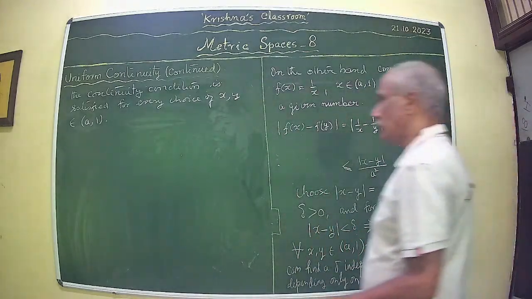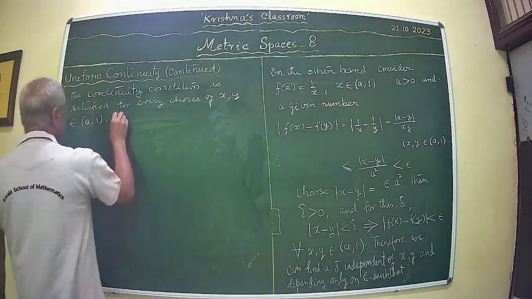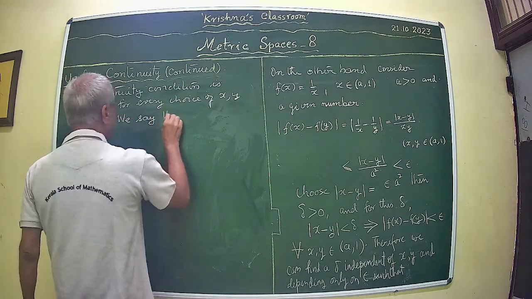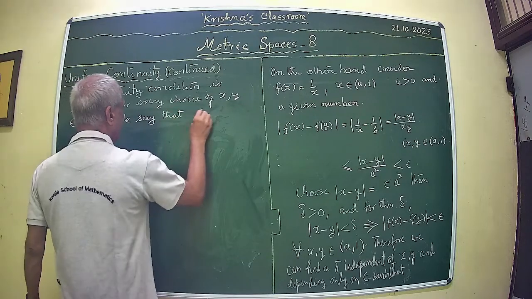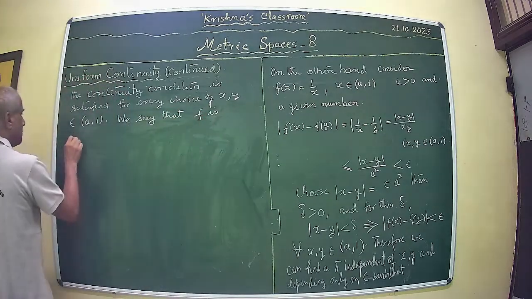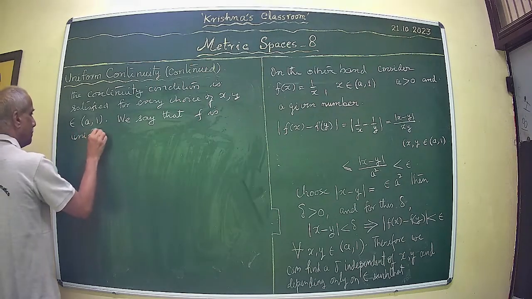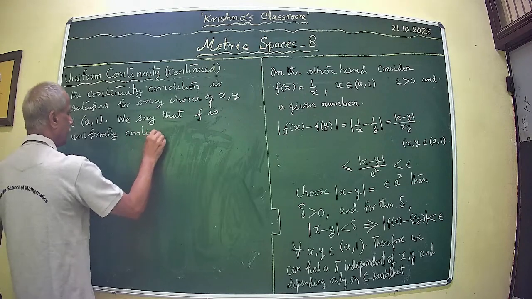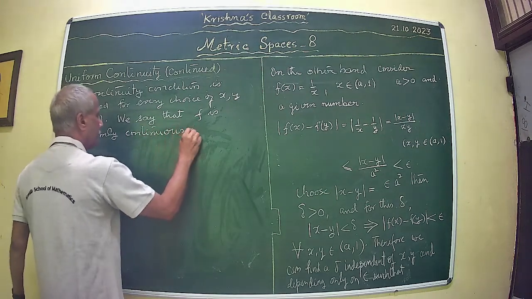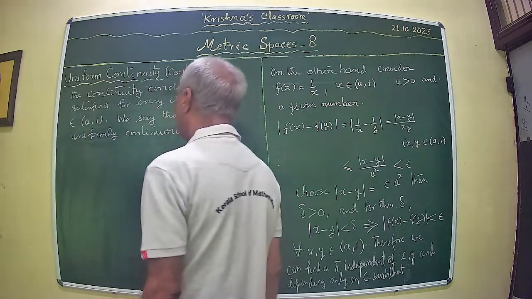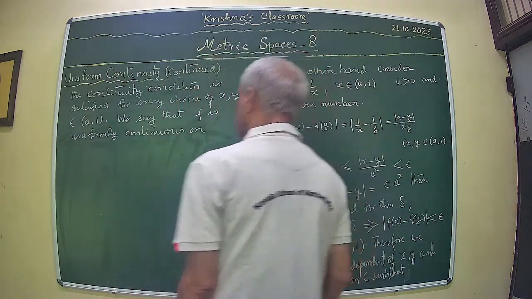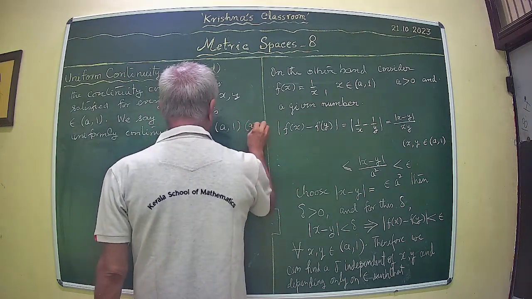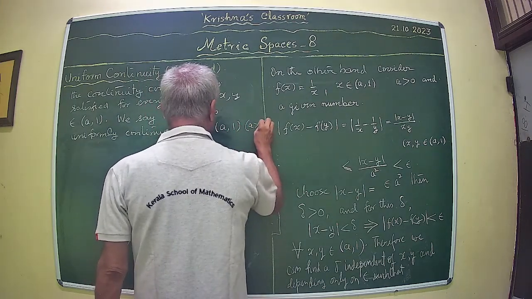Hence it is uniformly continuous. We say that f is uniformly continuous on the interval, with a positive.